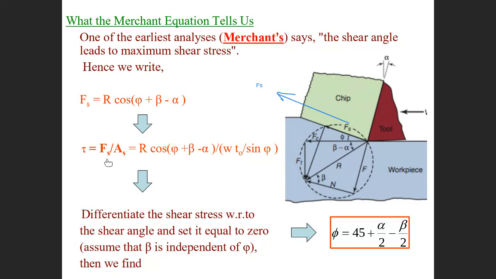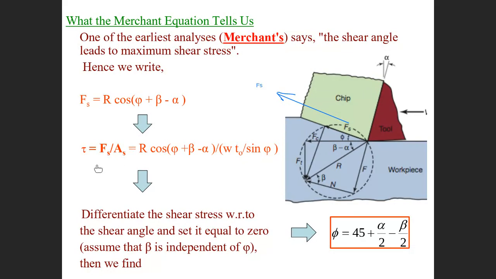Then shear stress equals Fs divided by As, which is R cosine(φ + β − α) divided by (w t0 divided by sine φ). This is the equation. So for the cutting shear stress to be maximum, we need to differentiate the shear stress with respect to the shear angle, dτ/dφ, and set it equal to 0.